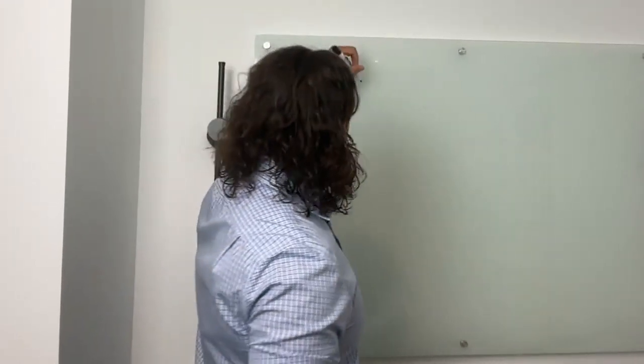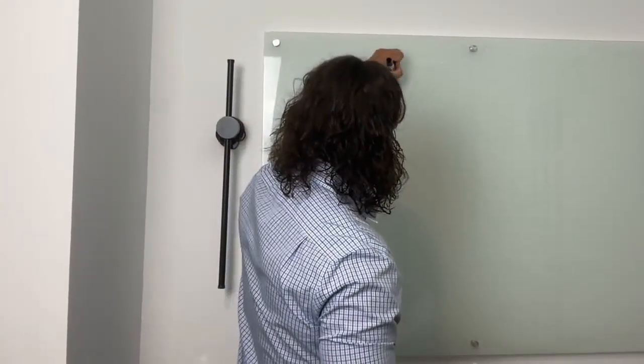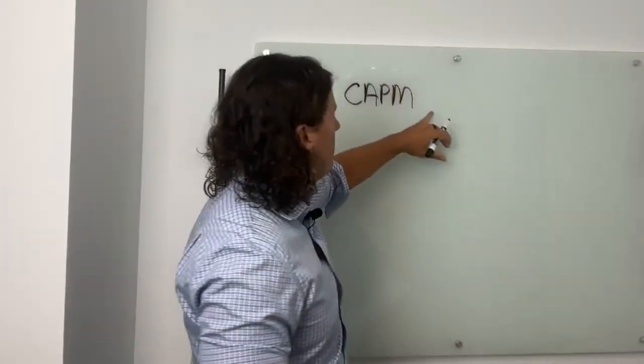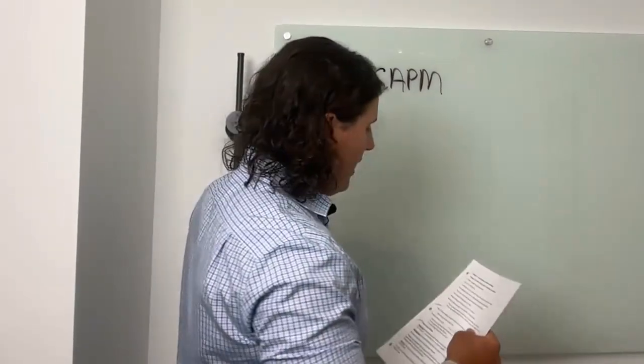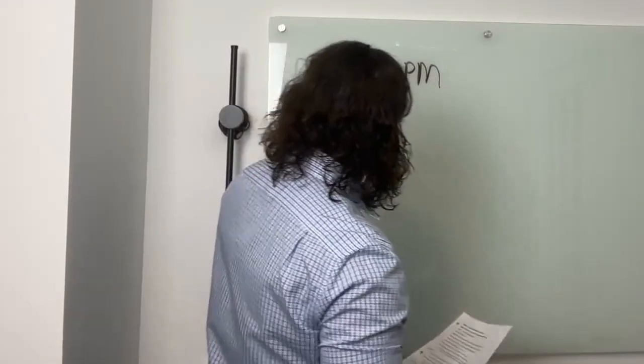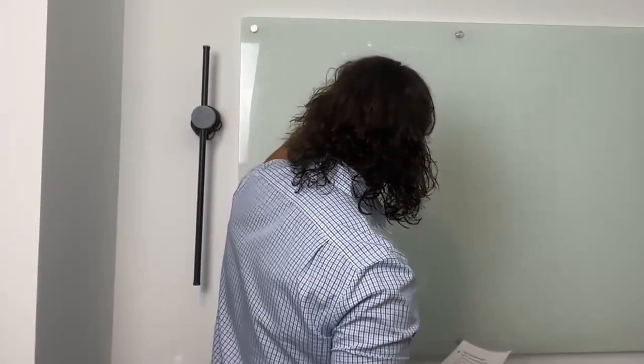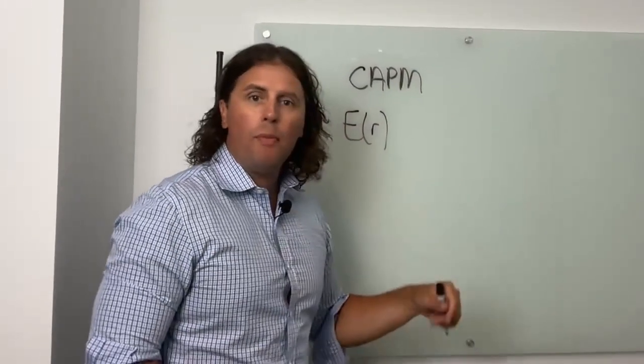If you've had any finance classes, you may have heard of the capital asset pricing model, or CAPM. Just to give you background, CAPM, the capital asset pricing model, came out in the 1960s.